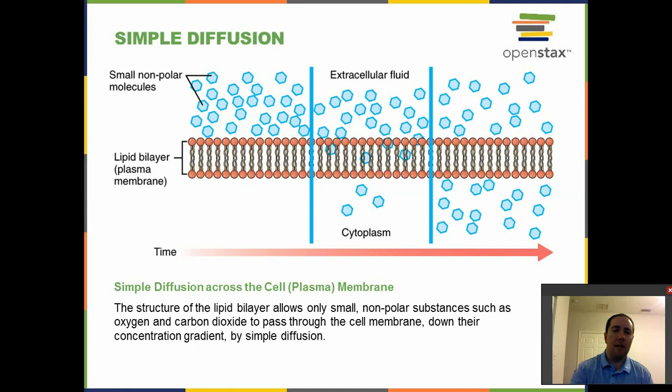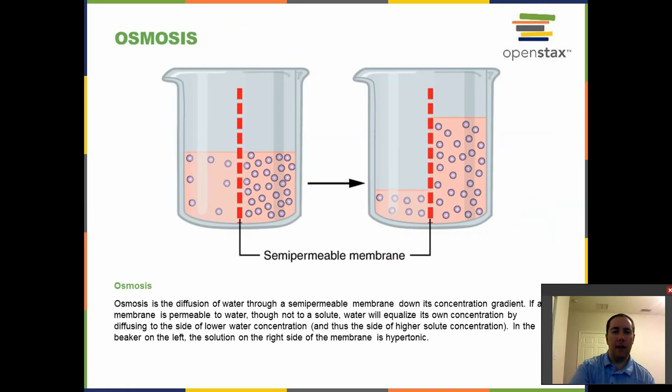Sugar, this molecule that's here, is something that can get through the plasma membrane somewhat. It can't just go through it like it's not there, but over time it will slowly equal out, so that we have the same amount on the outside as we have on the inside. That is diffusion. Some molecules, though, can't get through the plasma membrane at all, which is why we're going to have some of the other types of transport that we'll talk about in a few slides.